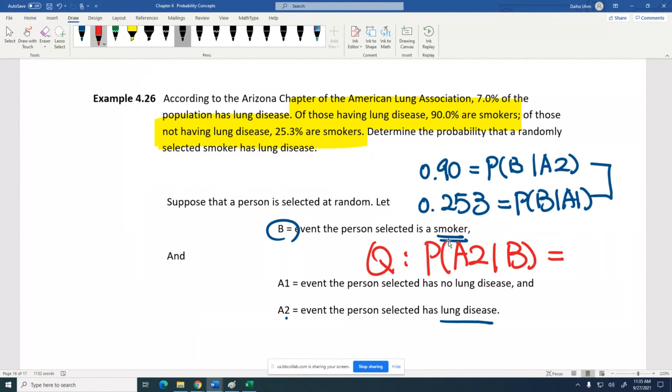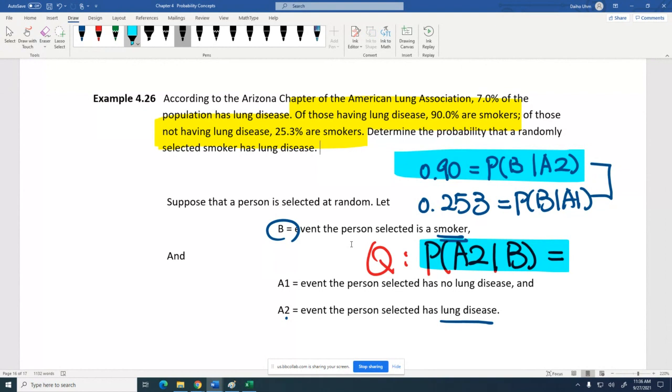Okay, now I want to compare the two probabilities. This one and this one. Let me see. 0.90, among whom? Among the group who has the lung disease, right?